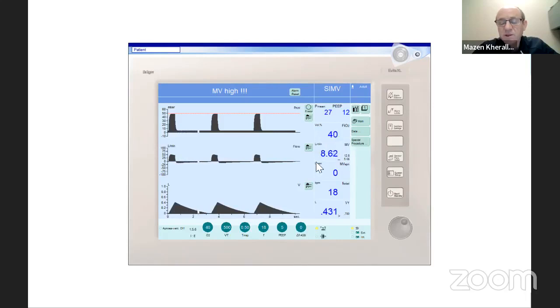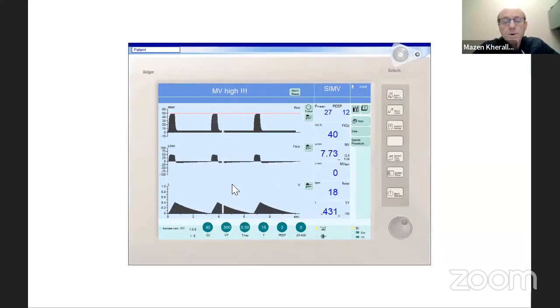You can see the minute ventilation is still around 9 liters. However, the dynamic hyperinflation or the auto-PEEP almost resolved. So I was able to eliminate the auto-PEEP without touching the minute ventilation.